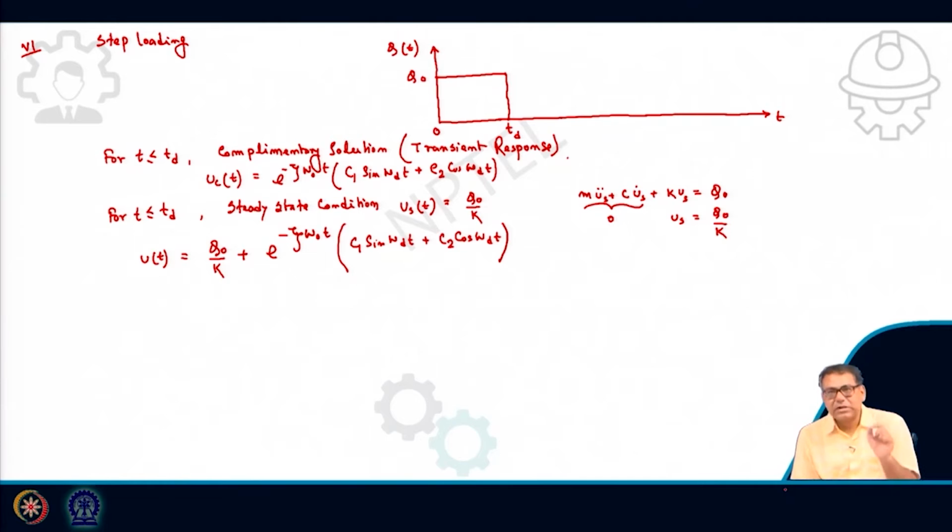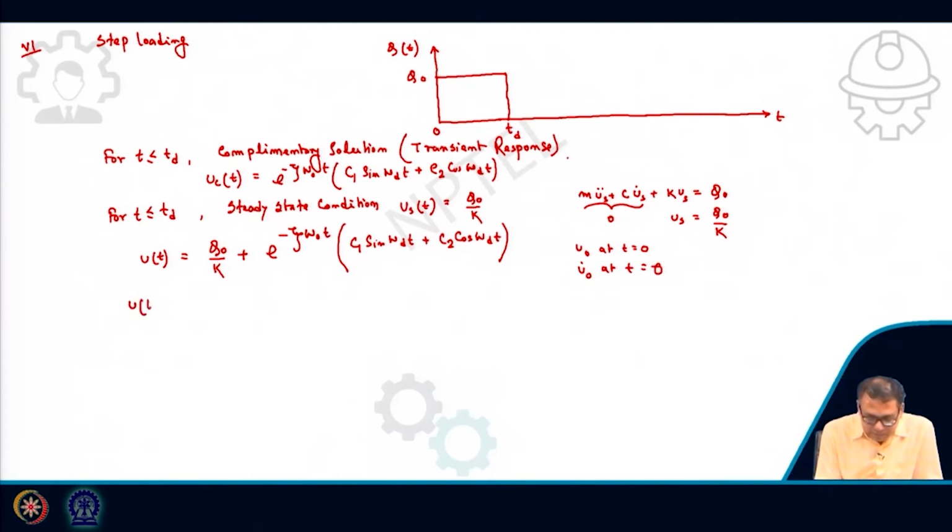Now C1 and C2 can be determined by using the initial conditions, which we know: u0 at t equal to 0 and u dot 0 at t equal to 0. If I put those, I will get C1 and C2.